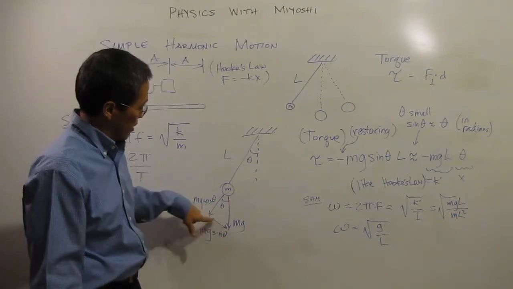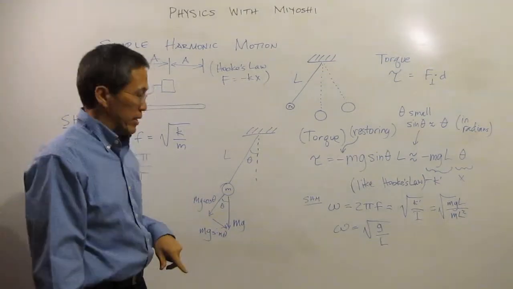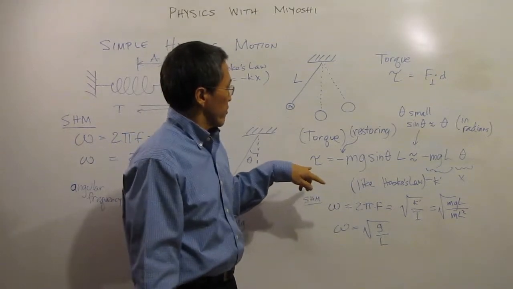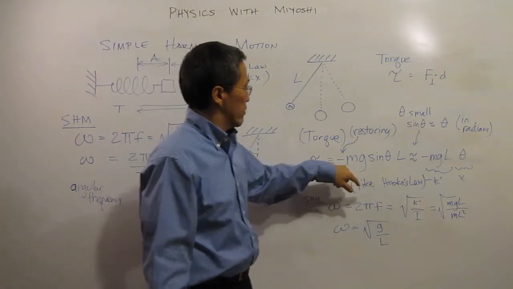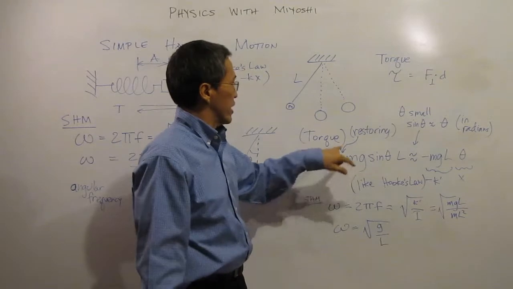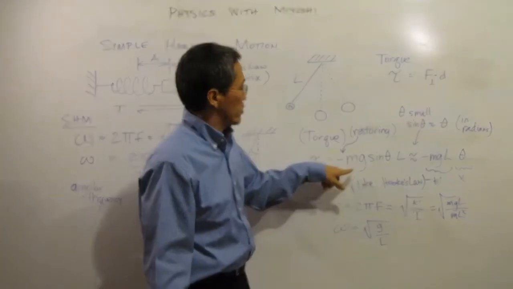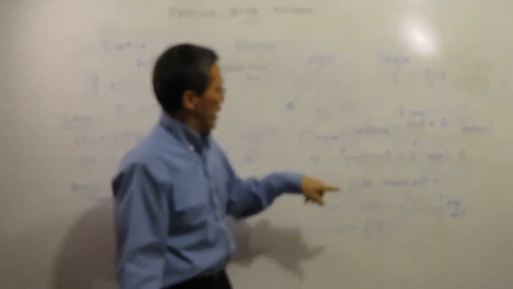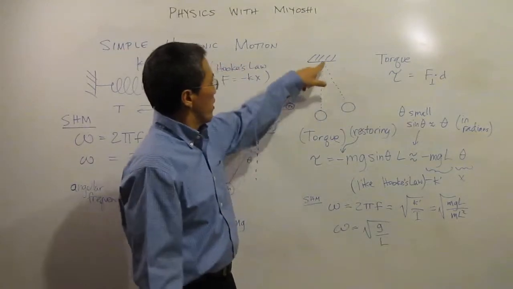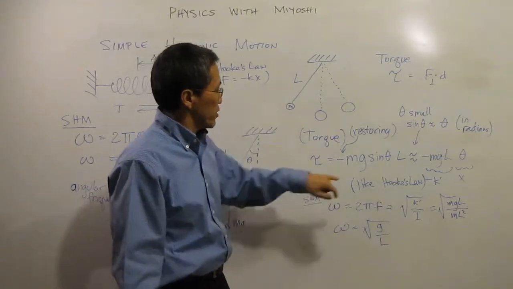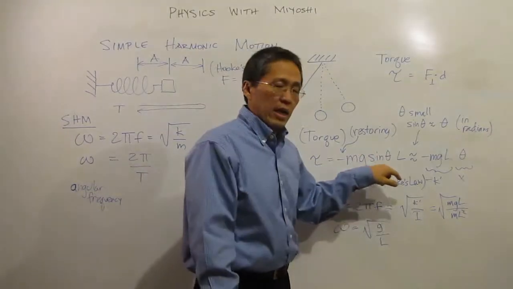So the torque is applied only by mg times sine theta. The torque is negative mg sine theta, because the negative sign again tells me it's restoring, trying to go back to equilibrium, times our distance from the point the torque is acting around. So that's the L. So I have negative mg sine theta times L.